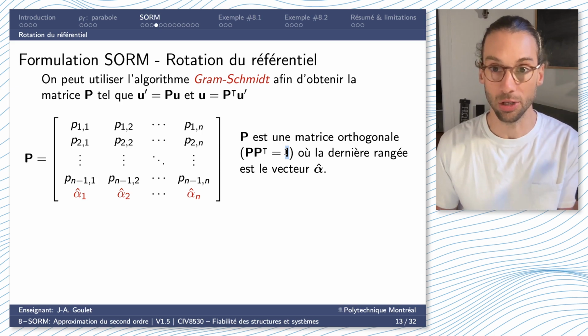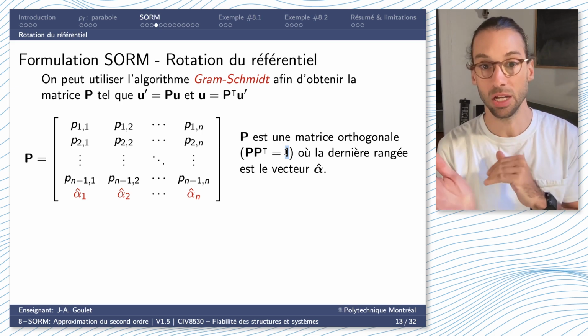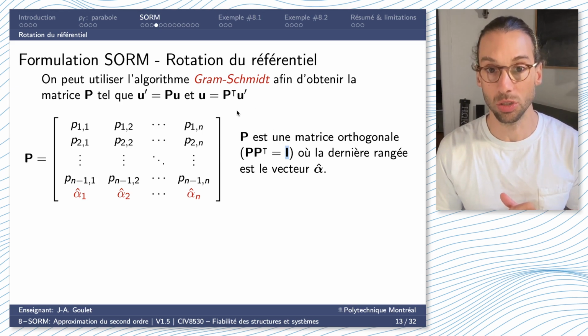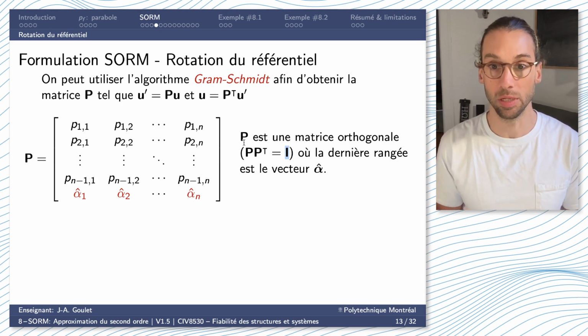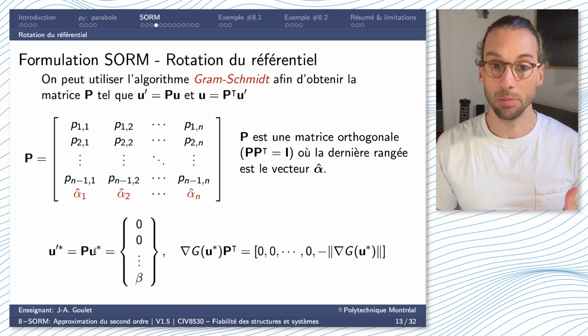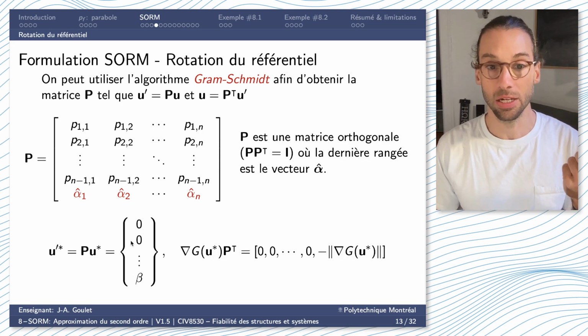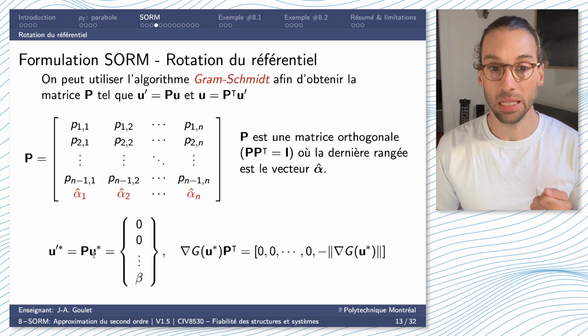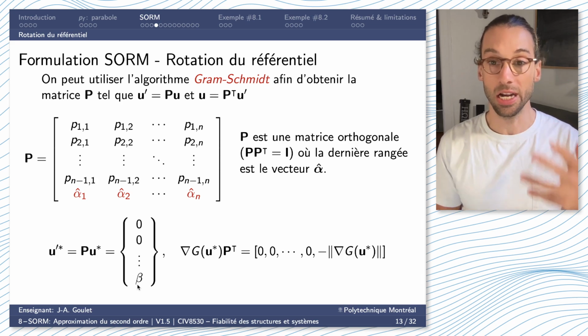P is used as a rotation matrix, and P transpose brings me back to where I was, so P times P transpose is the identity matrix. And if we do P times U star, the property is that it's going to bring me to my design point for my last dimension. What does it mean? P times U star is going to be 0 for everything except the last component, which is going to be equal to beta.